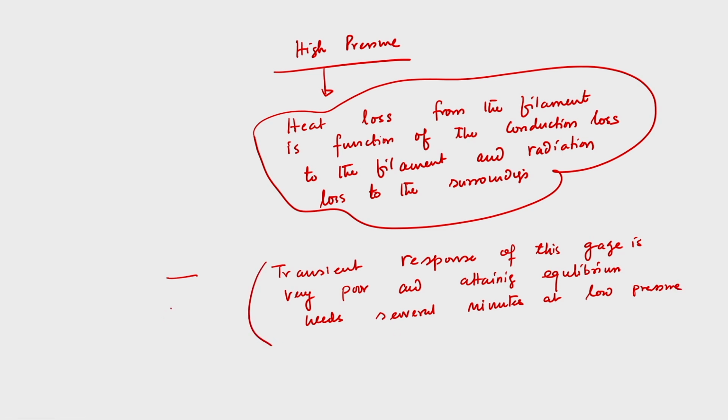So this is another important point I would like to discuss: the transient response of this gauge is very poor, because attaining equilibrium requires several minutes at low pressure. So it cannot give us a transient response.